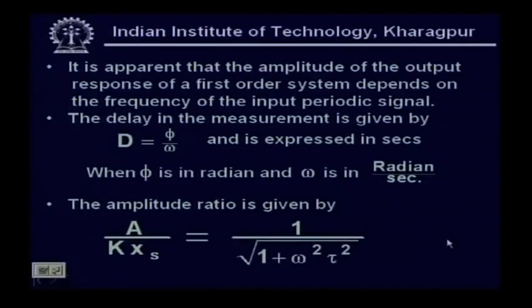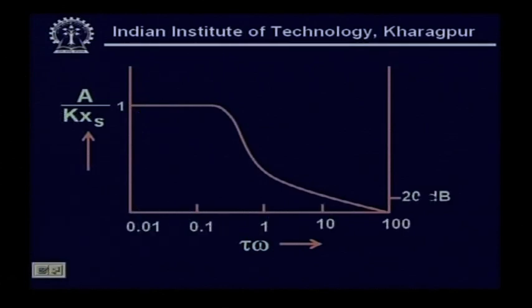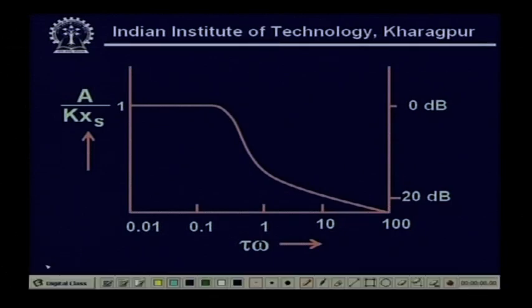The amplitude ratio is given by A by k x s equal to 1 upon under the square root 1 plus omega square tau square. You can see here, now we have plotted the normalized value of the output versus omega tau.